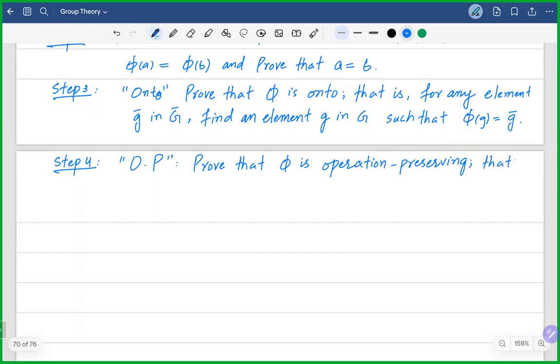And that is, show that phi of AB is equal to phi of A into phi of B for all A, B in the capital G.